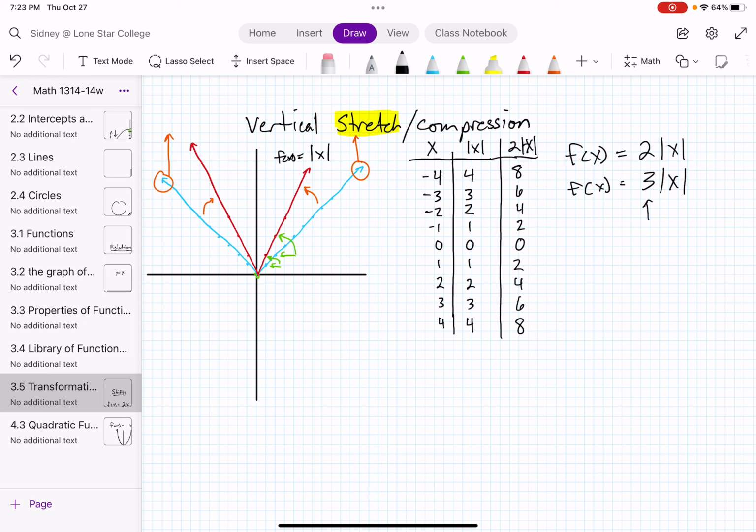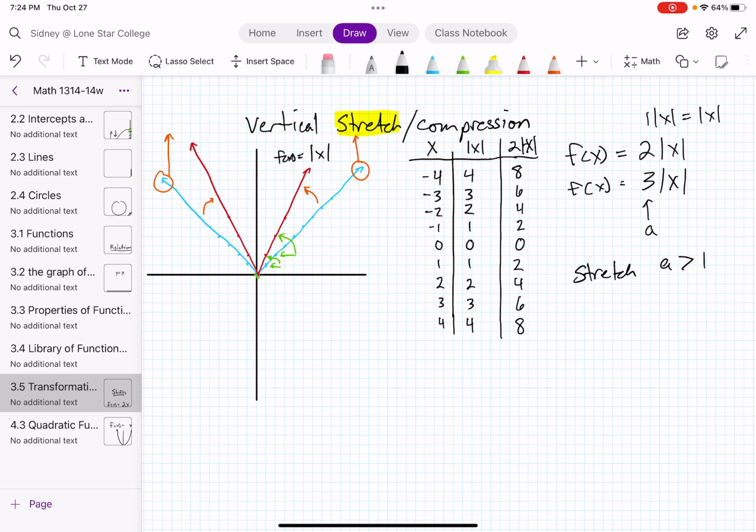This right here, often referred to as a, that multiplier, to be a vertical stretch, a has to be greater than 1. So when a is 1, that is just 1 times the absolute value of x, which is just the absolute value of x. That's the original. Anytime it gets bigger than 1, though, it's going to be some multiplier larger.